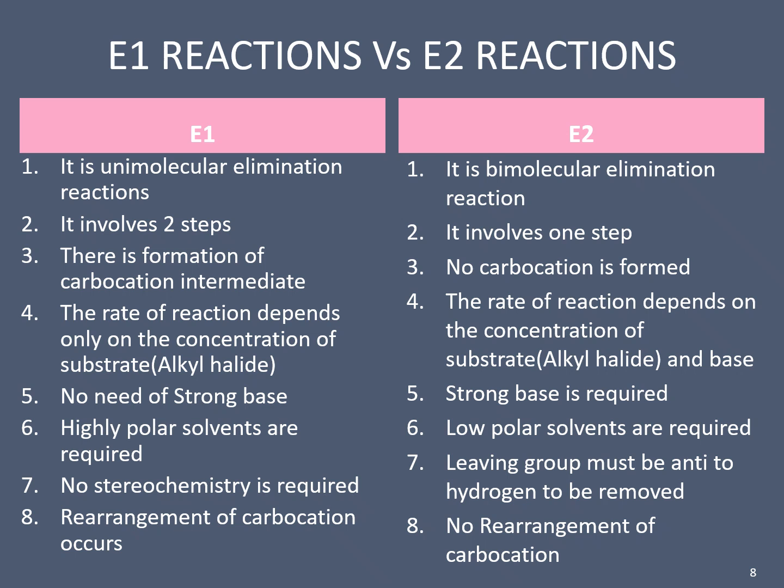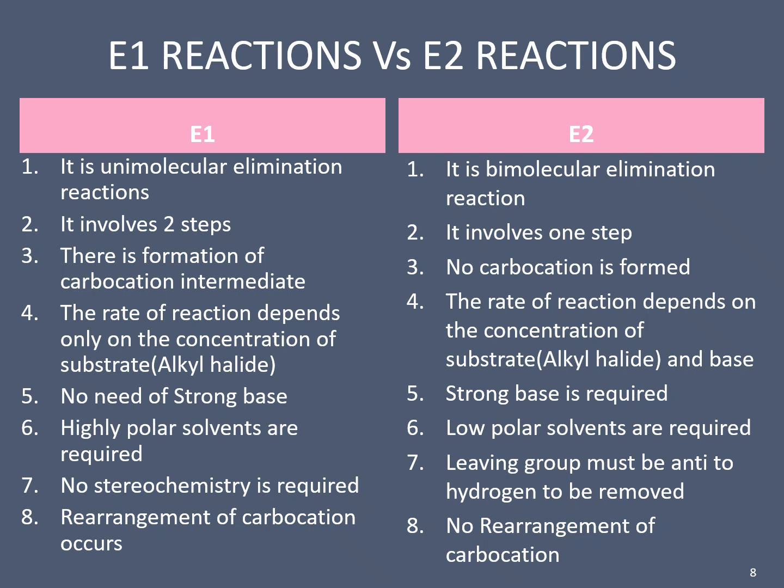And E1 elimination reactions involve two steps. The first step is the formation of carbocation, and the next step is the formation of alkene. But in E2 only one step is there: the bond breaking, bond formation and the formation of alkene, everything will occur in a single step.